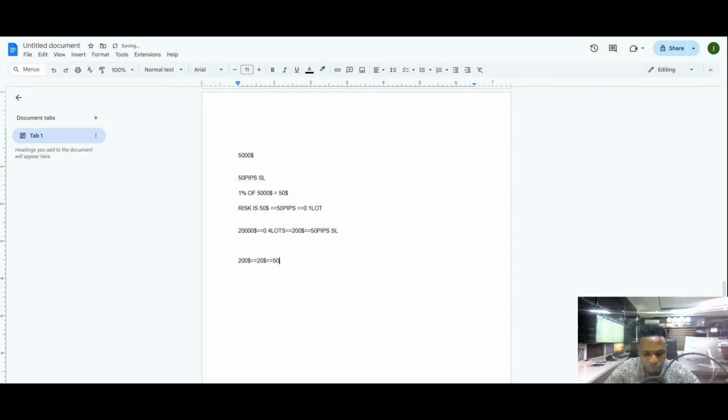So if we are using 50 pips as stop loss, then the lot size we'll use, since we are risking $20, 50 pips. So if we divide, that should be 0.04.